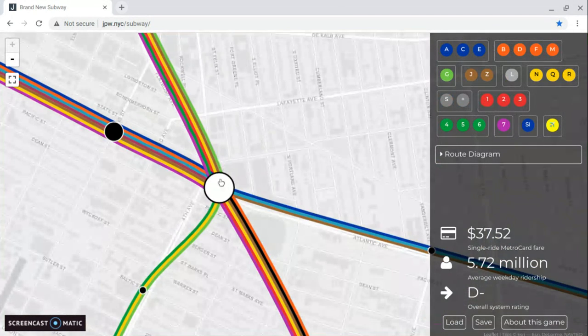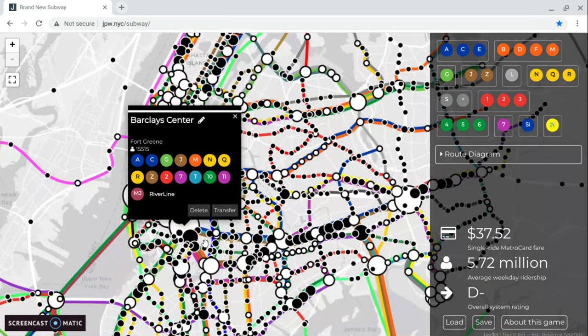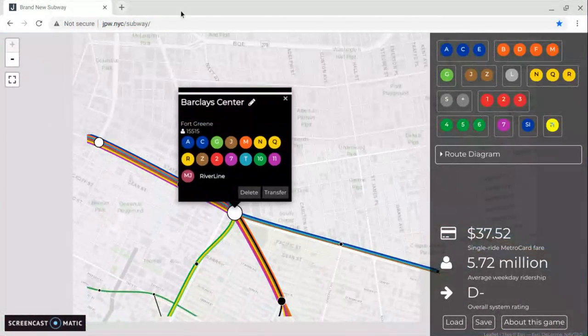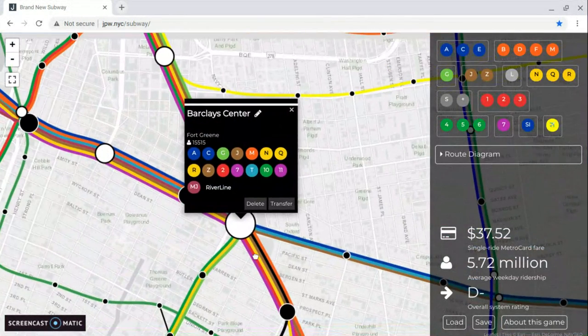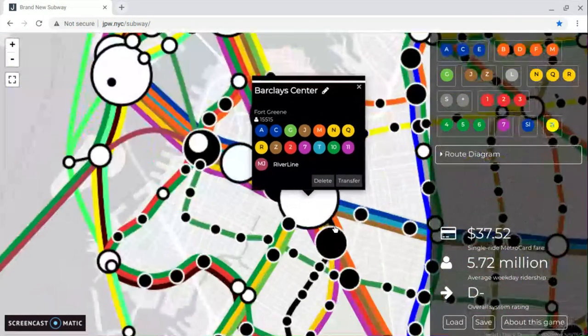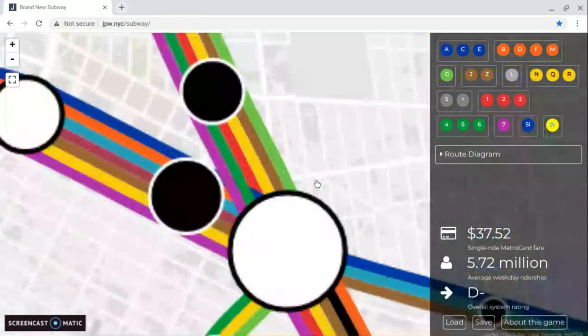Now, I'm going to try to do Barclays Center. This is the biggest station in the entire route. The reason this is the biggest station is because it's where all the lines converge. It's the intersection of 4th Avenue, Flatbush Avenue, and Atlantic Avenue, and those are all big corridors to get into Manhattan. So that's mainly why it's the biggest hub.